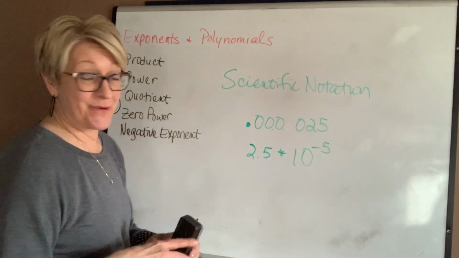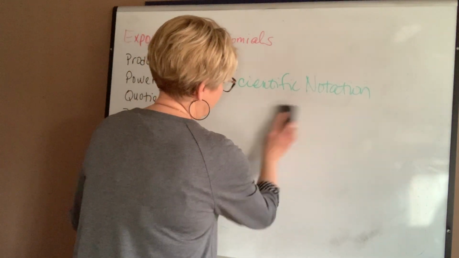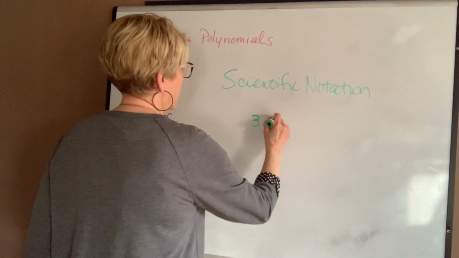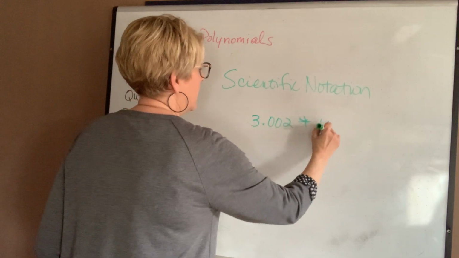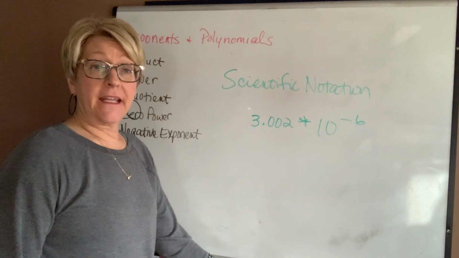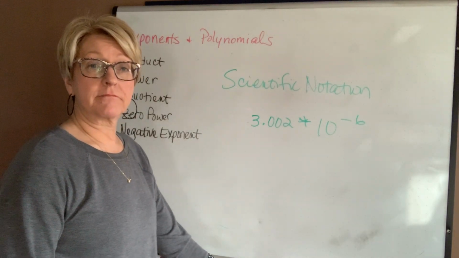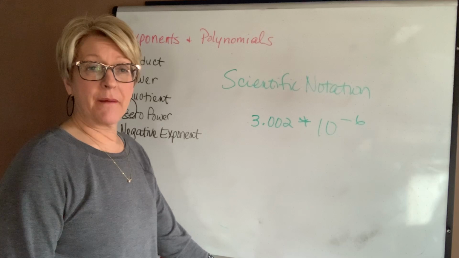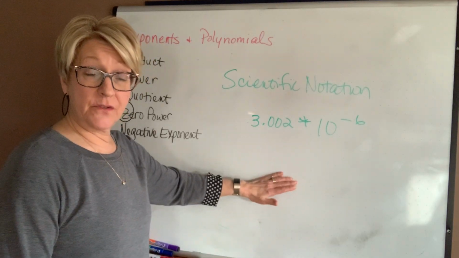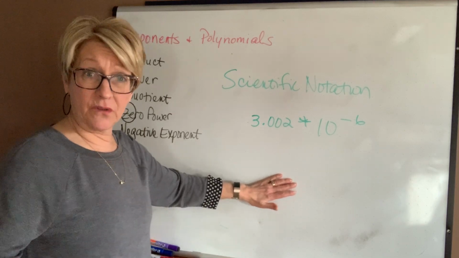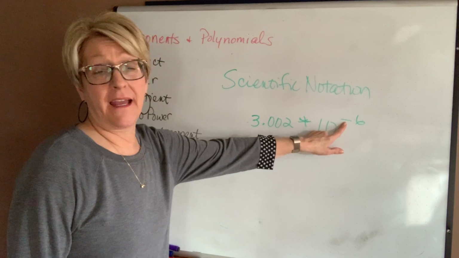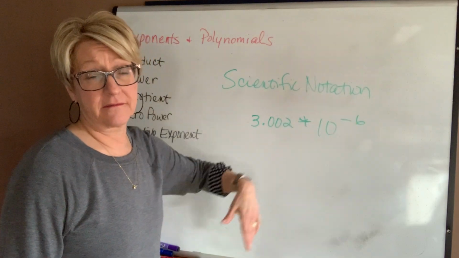All right, let's go one more time in reverse. .002 times 10 to the negative 6. Which direction am I moving that decimal? So now I want to go from scientific to standard, to plain old number. I see that my exponent's negative, which means what? I got a small decimal, okay?